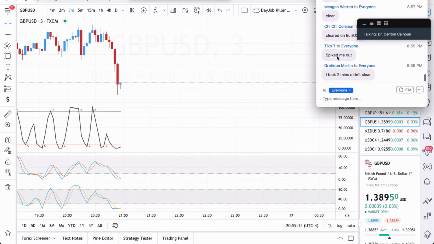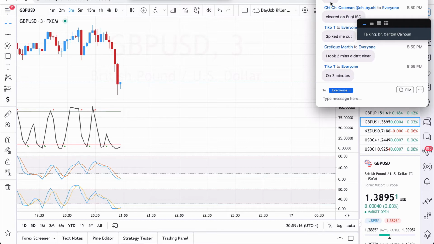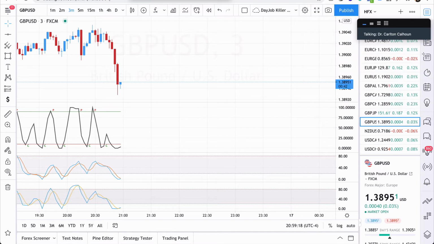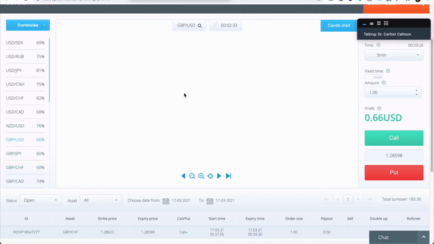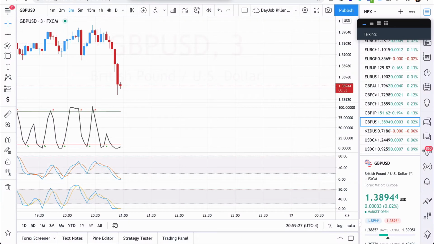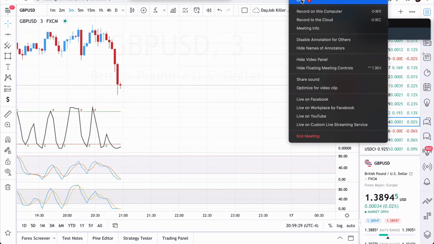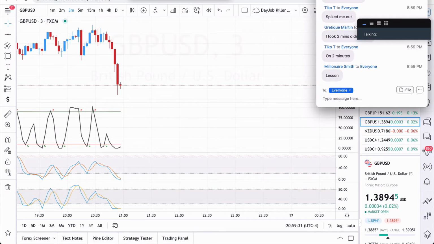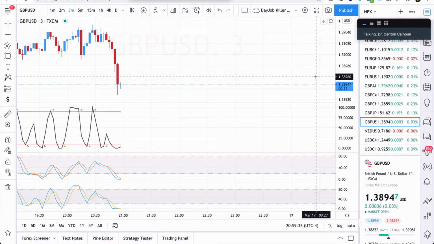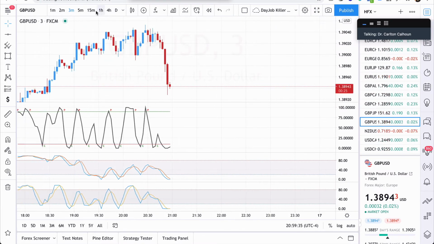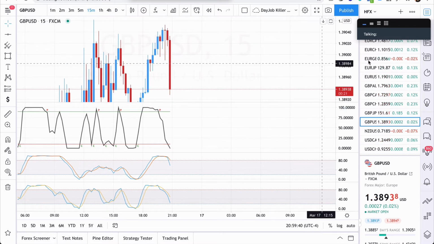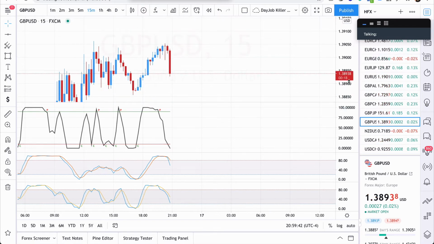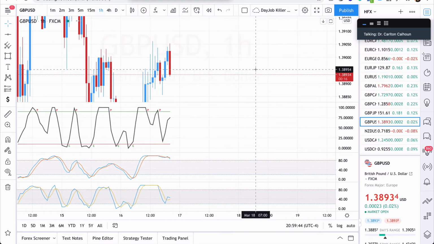Spiked out. So I guess it's based on the entries. GBP USD. Millionaire Smith took a lesson. Let me see how we're looking on the 15. Let me see how we're looking on the hour.